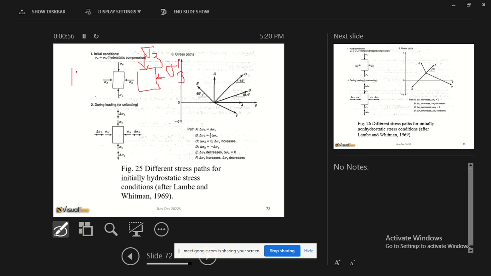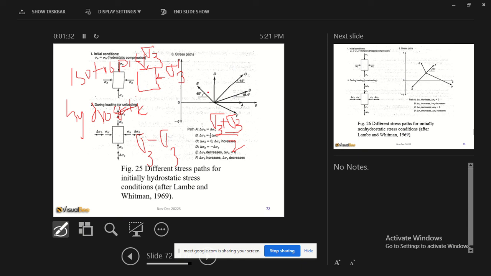This is called isotropic or hydrostatic condition, which means the stresses are the same. You can see here, sigma 3 plus sigma 3 over 2 is just sigma 3. But the difference, sigma 3 minus sigma 3, is 0. So you can see why it plots at 0.